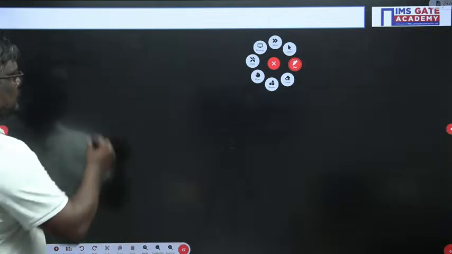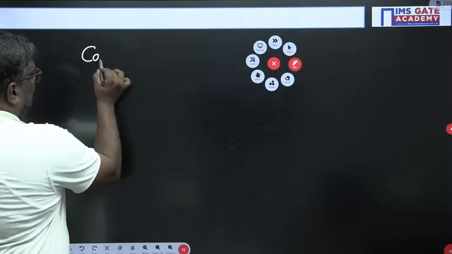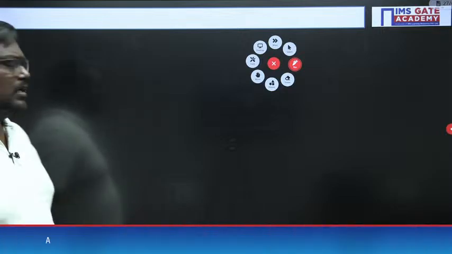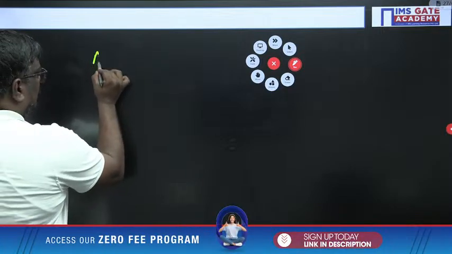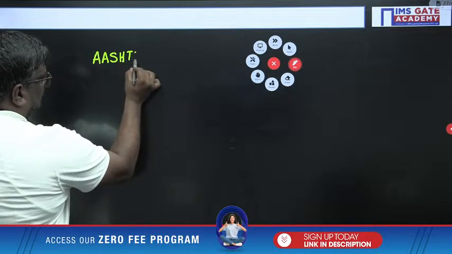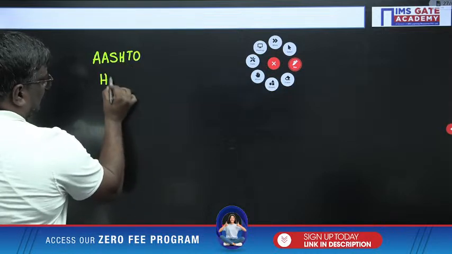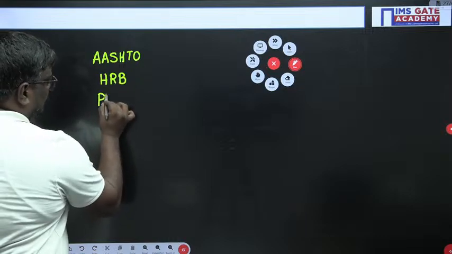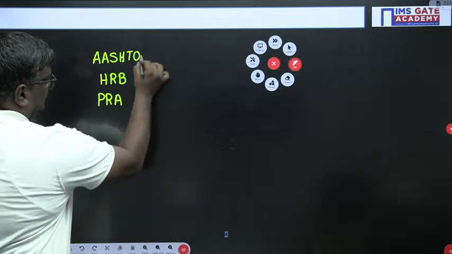Now see students, let me tell you in this way. There are some organizations like AASHTO, American Association of State Highway and Transportation Officials, Highway Research Board, and Public Roads Administration.